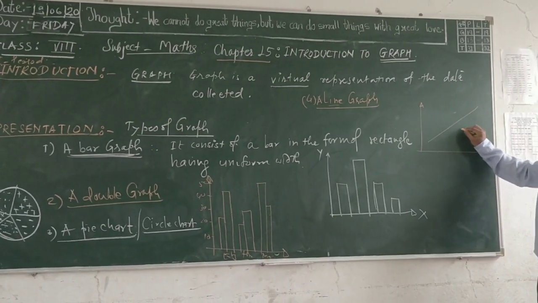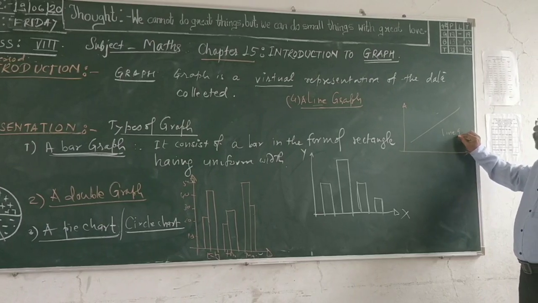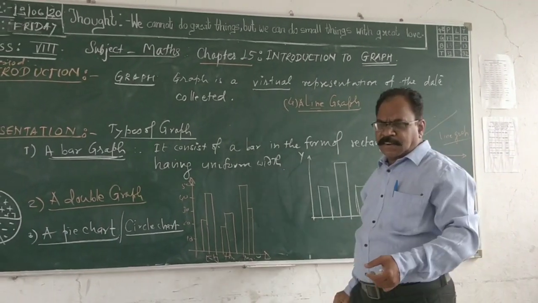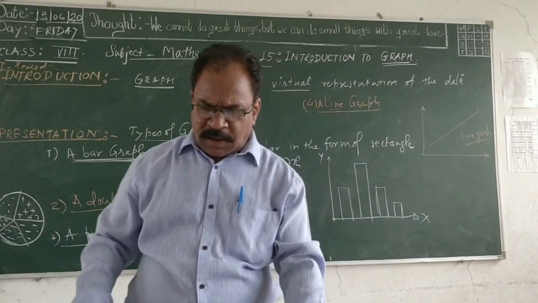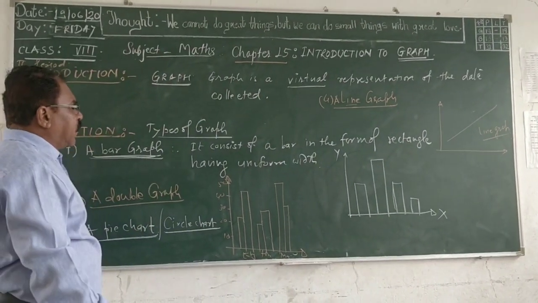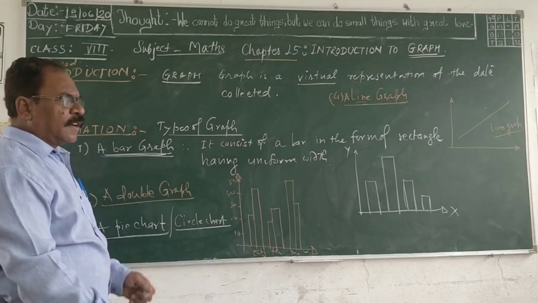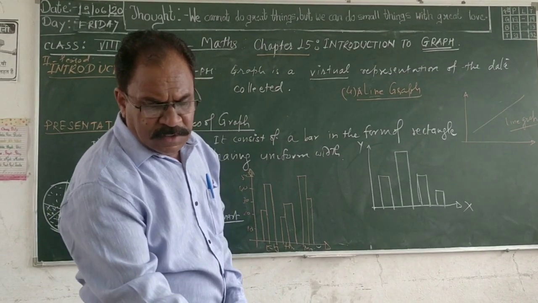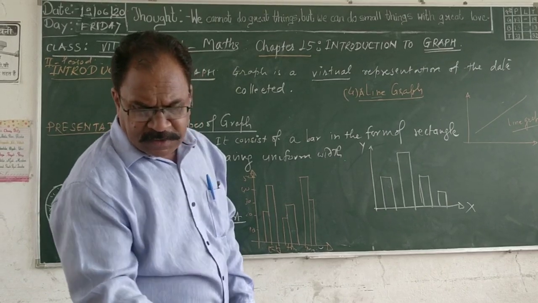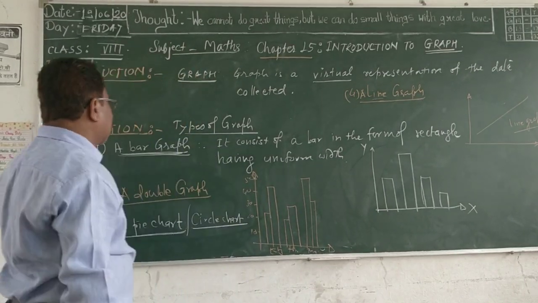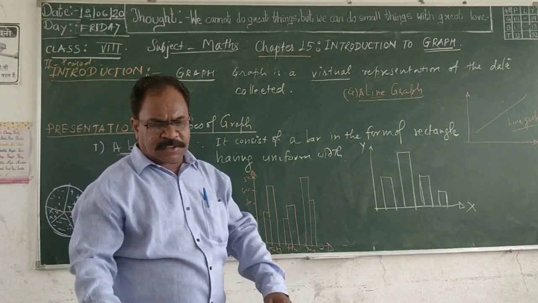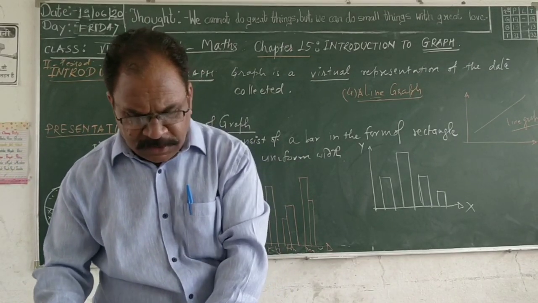So this is known as a line graph. Dear students, these are the different types of graph, and we know the reading of this graph and giving the answers. There is one exercise in the textbook where we have to read the graph given and answer the questions which are asked.